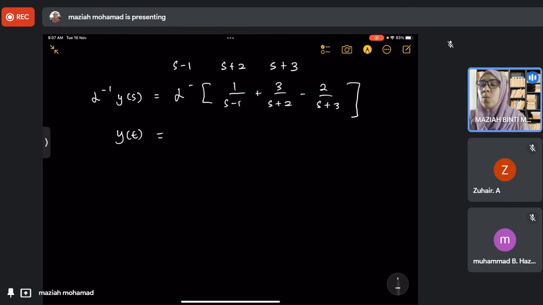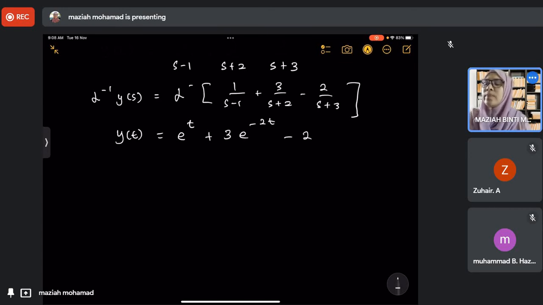Okay, 1 over s minus 1, it is exponent t. We already derived when we apply for the input just now. So exponent negative t, it will become 1 over s minus 1. Right, plus 3, 1 over s plus 2 is exponent negative 2t.